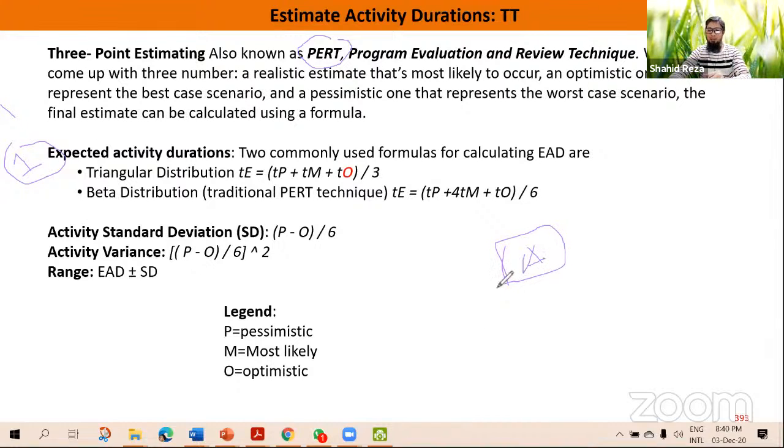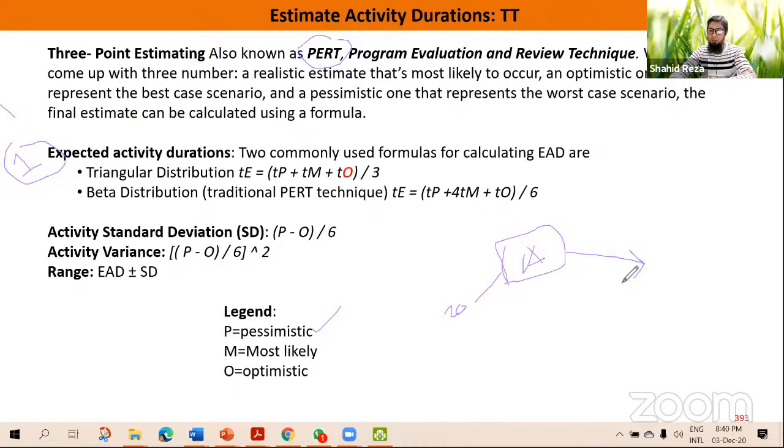One is, if everything goes wrong, how much time will it require to finish activity A. That means in the worst scenario, maximum how much time we need to finish A. That is known as pessimistic estimation. For example, maybe we need 20 days to finish the activity when everything is in the worst situation, not in our favor, but against us.